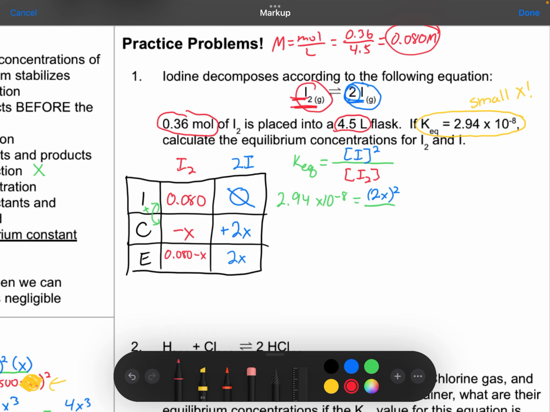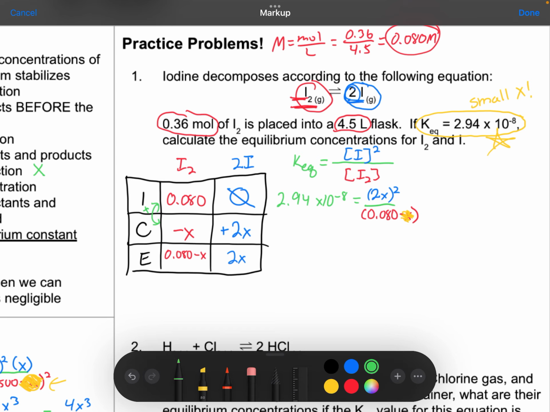And I'm going to divide that by my I2 value, which is my 0.080 minus x. Once again, I already said I can use my small x approximation, so I can go ahead and ignore that little value of x just to make my own math easier for myself.